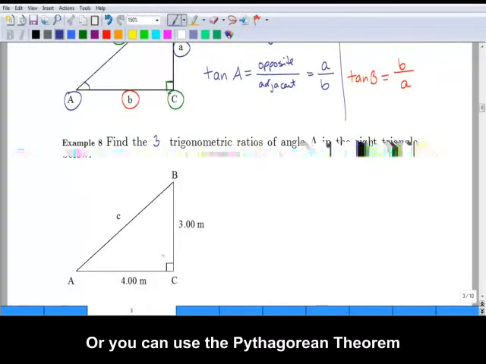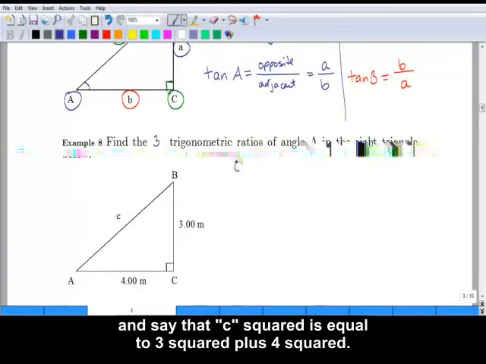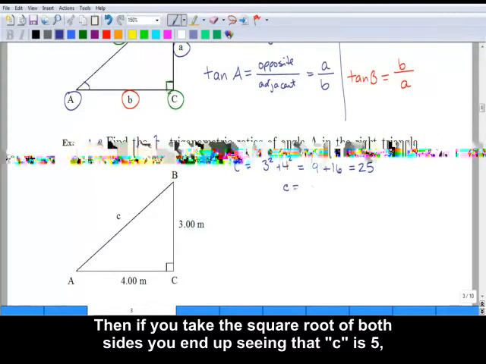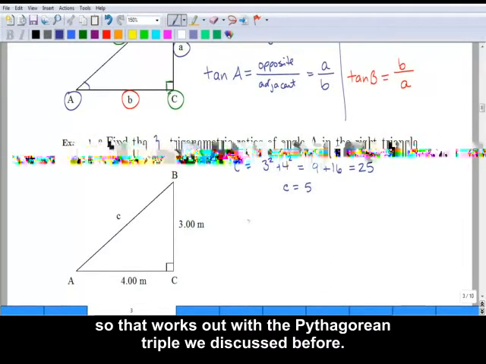Or you can use the Pythagorean theorem and say that c squared is equal to 3 squared plus 4 squared. You end up with 9 plus 16, which is 25. Then if you take the square root of both sides, you see that c is 5. So that works out with the Pythagorean triple we discussed before.